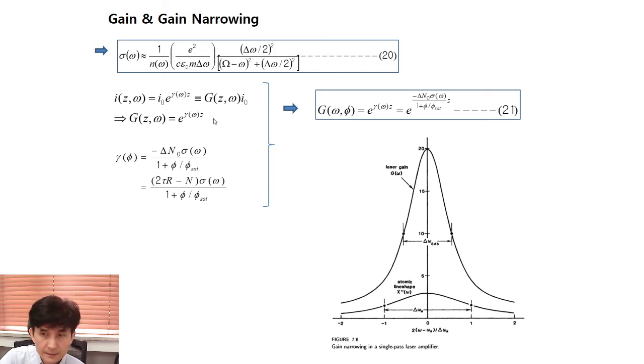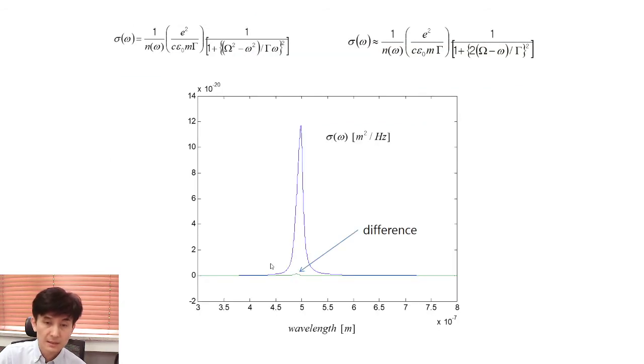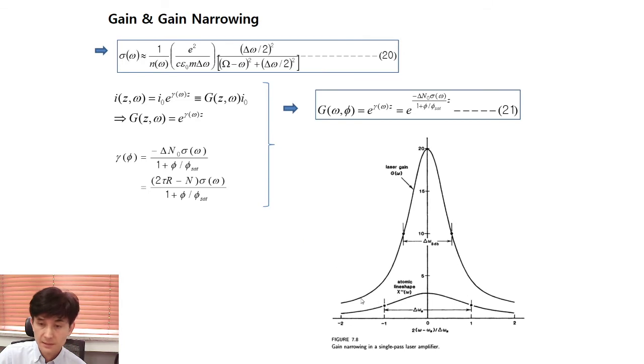Right. This is the result without saturation, where phi is very small compared to phi set. So this is the original expression, and if phi is very small compared to phi set, we have this expression, compared to the cross section sigma as a function of omega, which is this function, and this is another representation of this sigma as a function of omega.